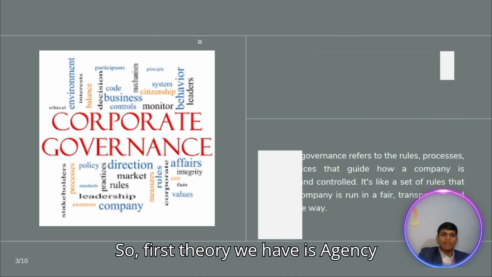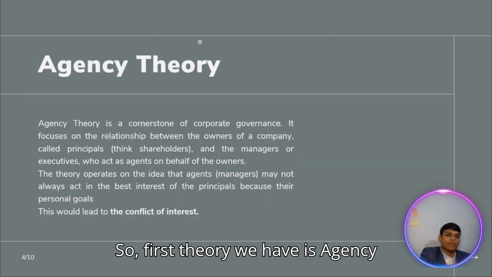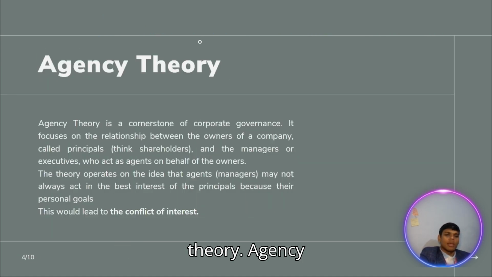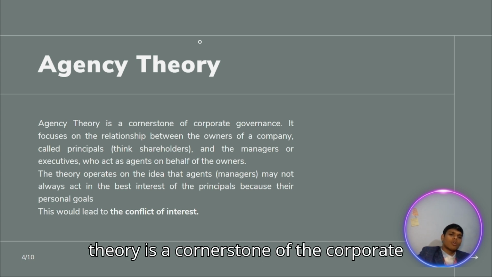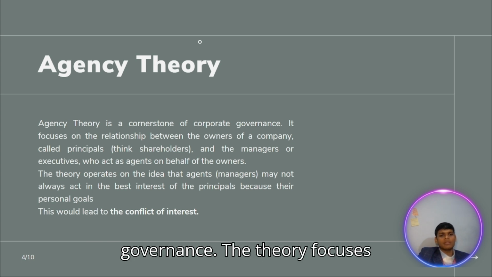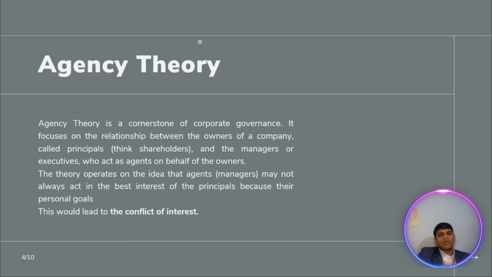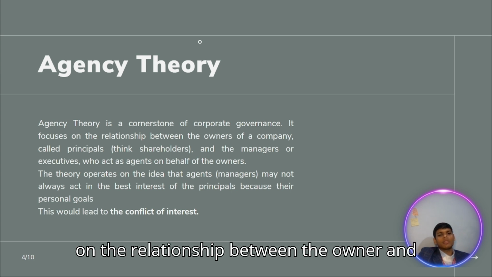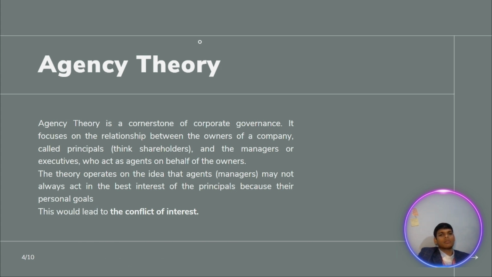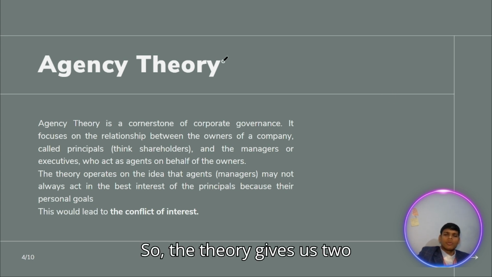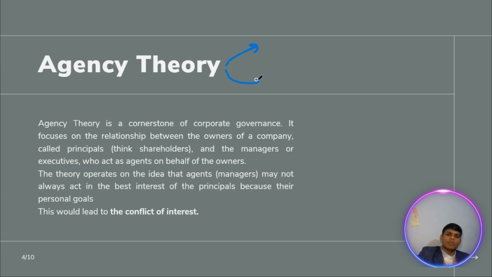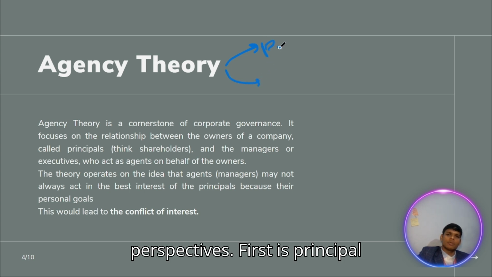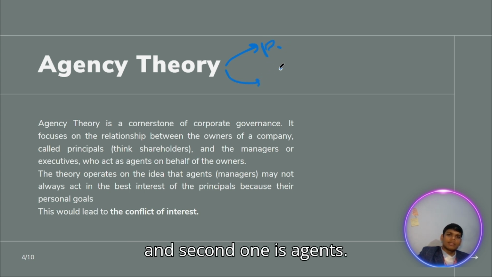So the first theory we have is agency theory. Agency theory is a cornerstone of corporate governance. The theory focuses on the relationship between the owner and the management. The theory gives us two perspectives. First is principals and second is agents.